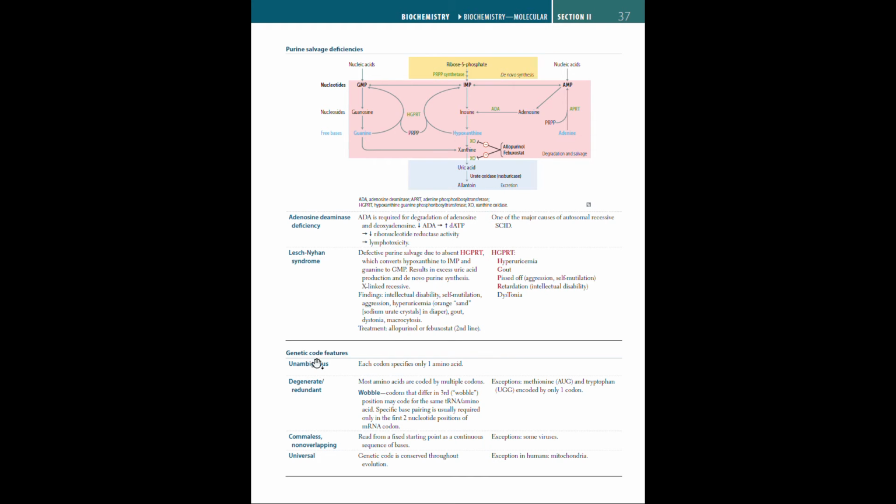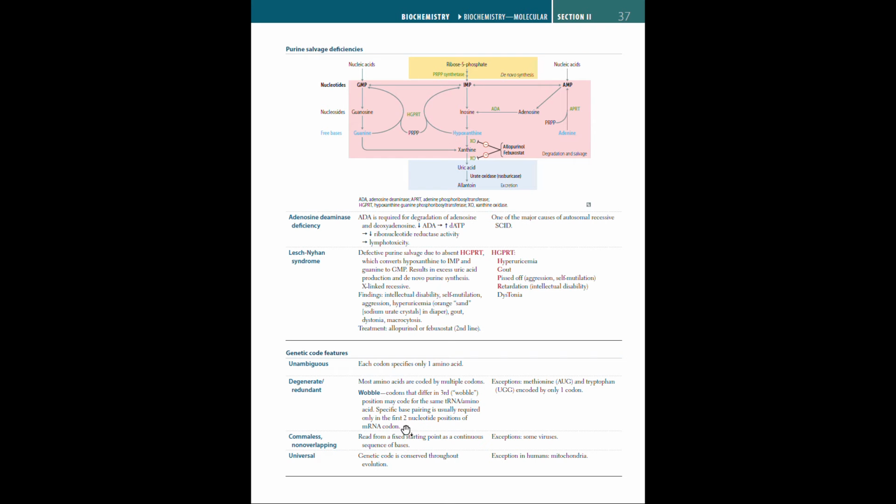In genetic code features, unambiguous: each codon specifies only one amino acid. Degenerate, redundant: most amino acids are coded by multiple codons. So codons that differ in the third position may code for the same amino acid.